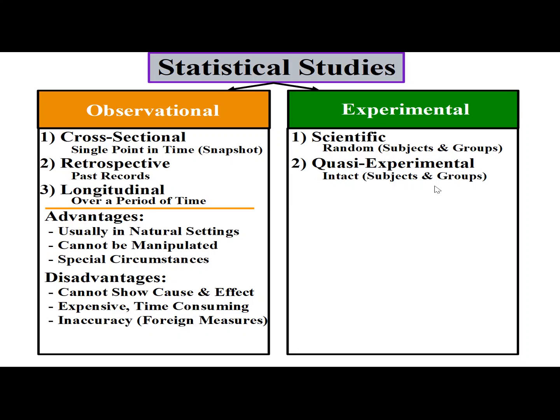If you are given these subjects, that's what you're going with. You don't select the subjects at random and you don't place them in groups at random. You're already given the subjects and the groups, such as if we were to do a study here on campus and I said, you know what, we're gonna select all the classes, so that's already given. We can't randomize them or anything. We're gonna use all of them.